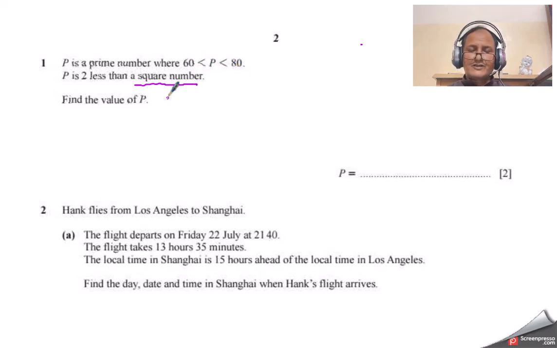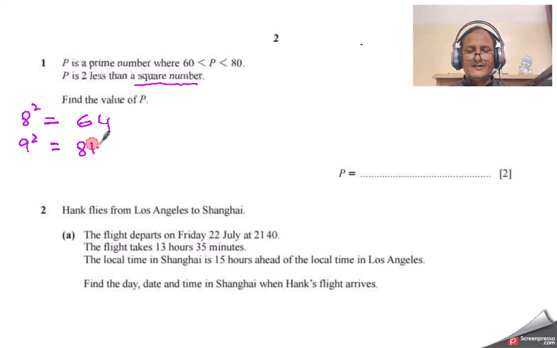If we check square numbers greater than 60, for example 64, because it is the square of 8, and another, 9 squared, that is 81.